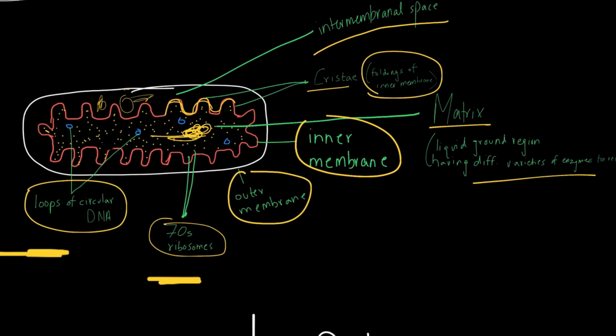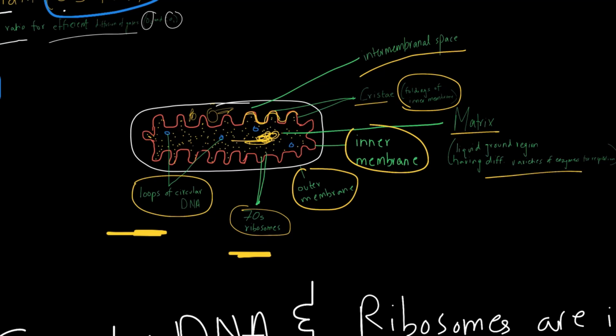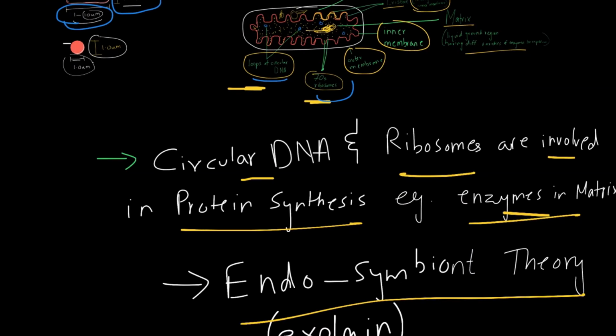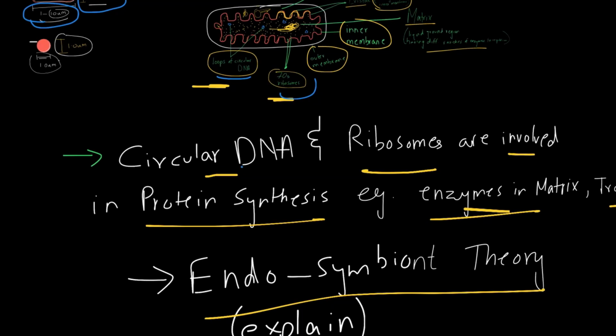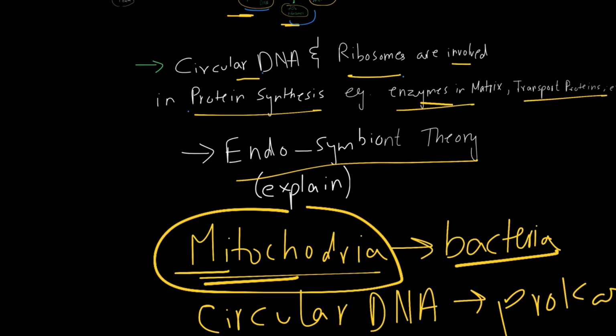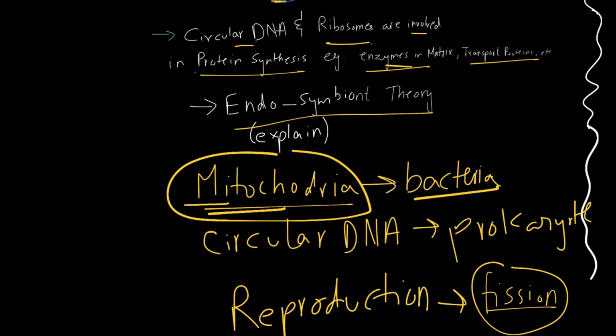This is the shape of the mitochondria. We learned about matrix, cristae, 70S ribosomes, and the loops of circular DNA. Then we went on to discuss how circular DNA and the ribosomes are involved in protein synthesis. I described the endosymbiont theory, which states that mitochondria evolved from bacteria.